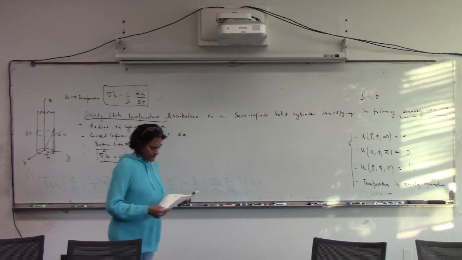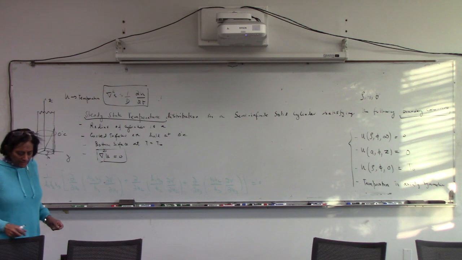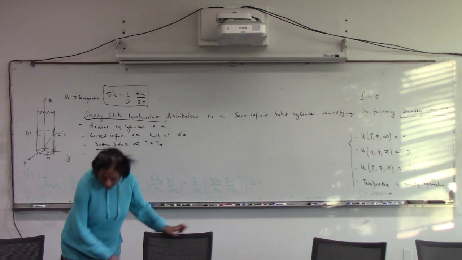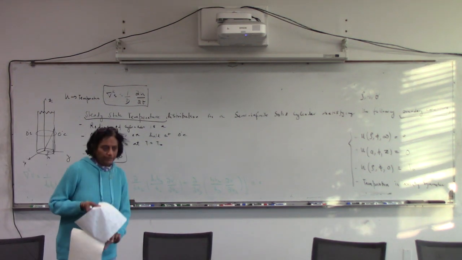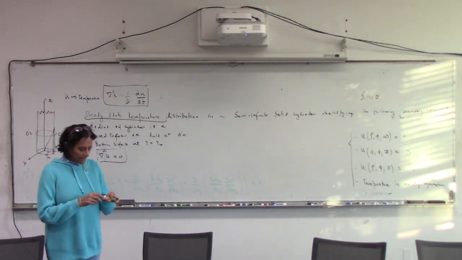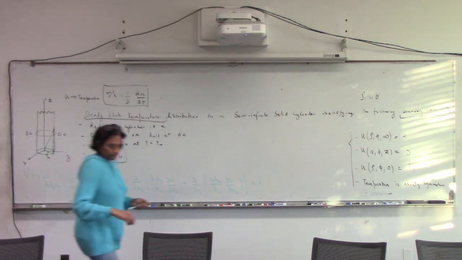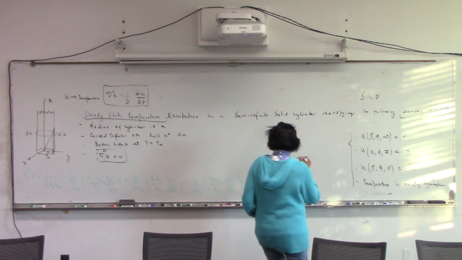All right. Now, for cylindrical coordinates, what is U1, U2, and U3? And what is H1, H2, H3? We had derived the scale factors and all that stuff. Let's write down that.